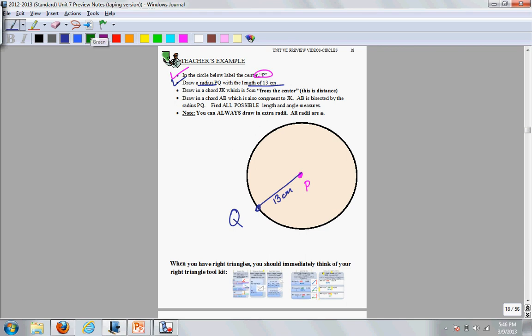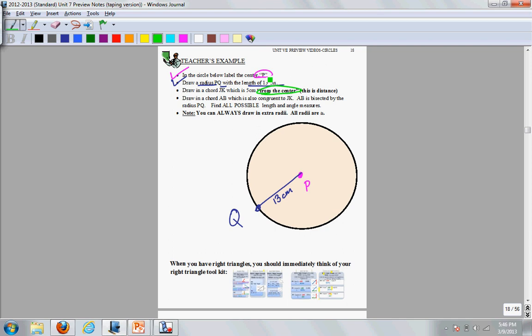Now we're going to draw a chord JK, which is 5 centimeters from the center.